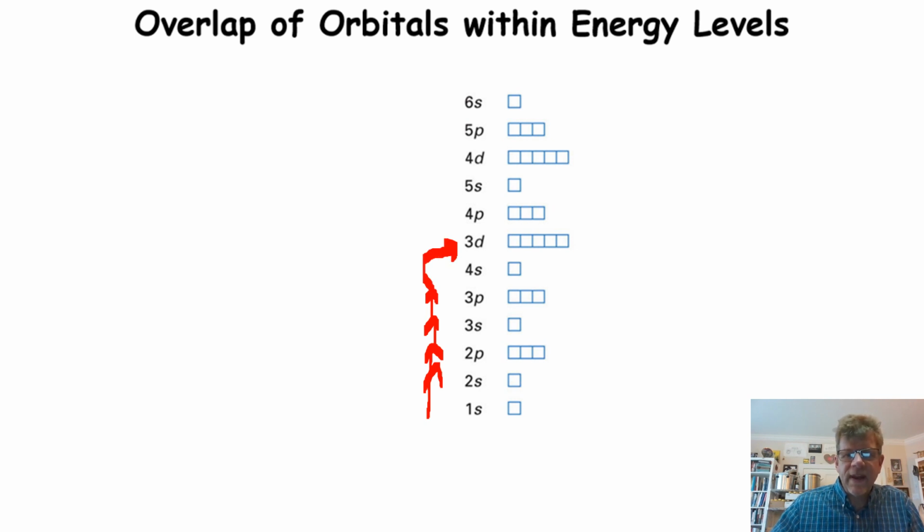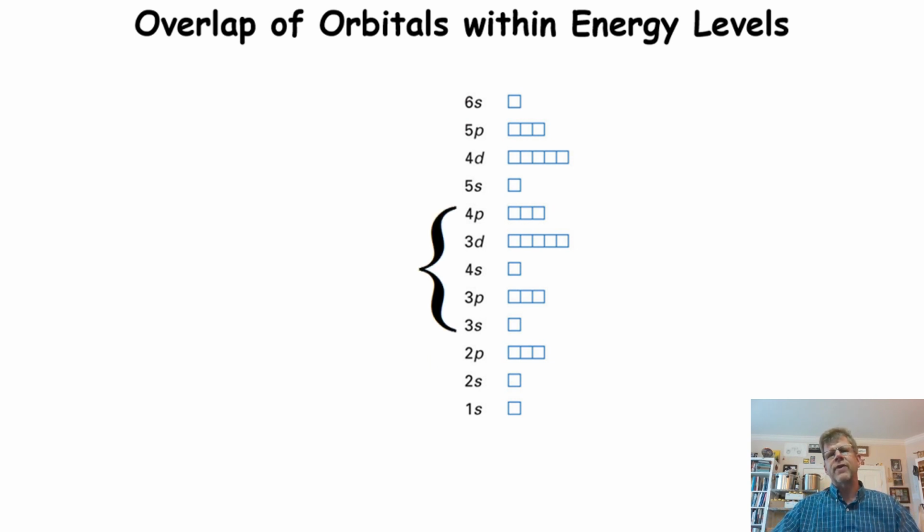But what instead happens is we have 4s in between, and we sort of hopscotch each other. That means that the fourth energy level starts before the third energy level is completed with respect to the placement of electrons.